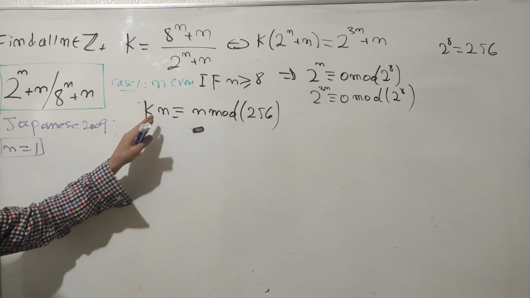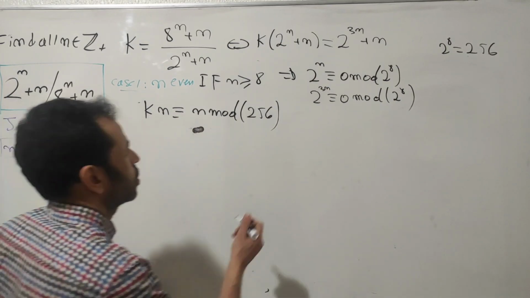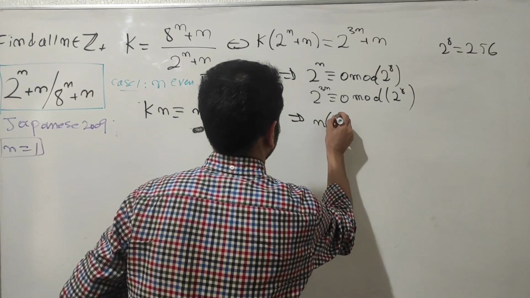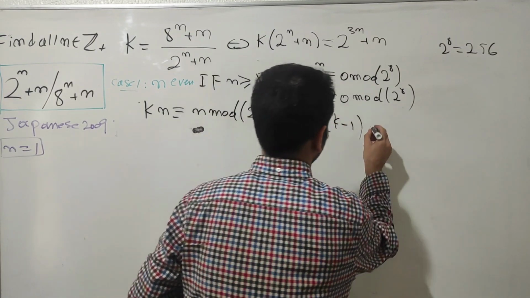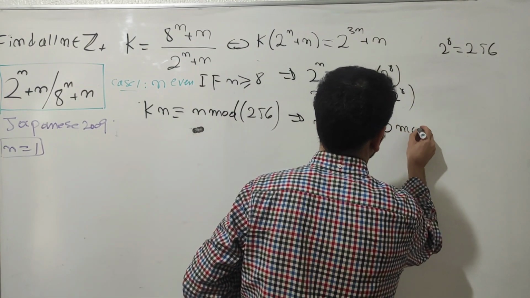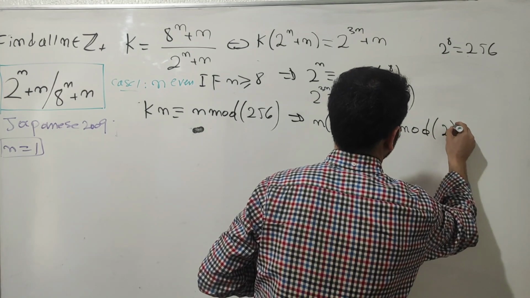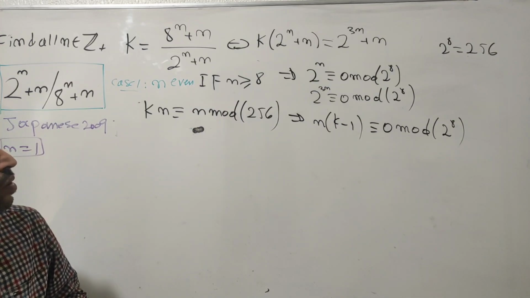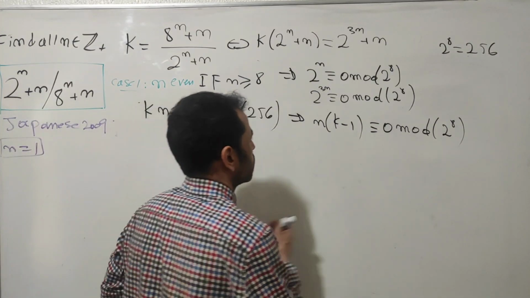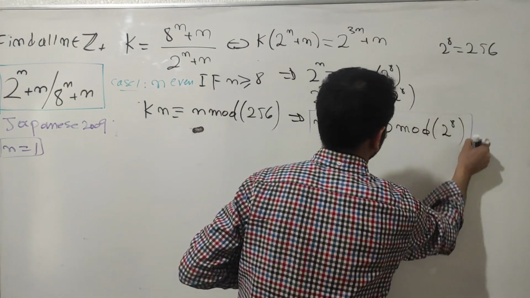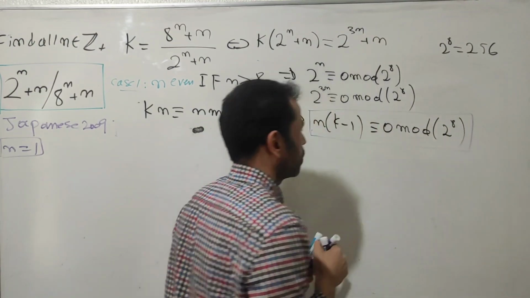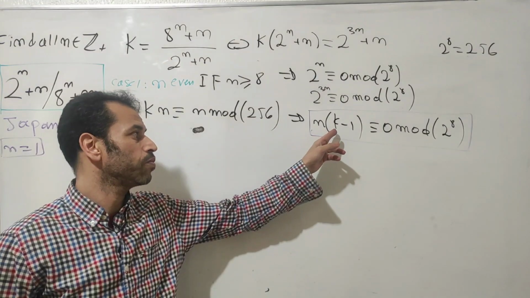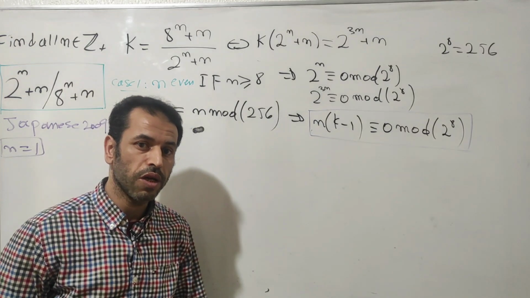I'm going to move n to the left and take it as a common factor, so I get n times k minus 1, which is congruent to 0 mod 2 to the 8. Remember, I'm going to keep this nice expression and not say anything about it now, because we need to first prove that k minus 1 is even.